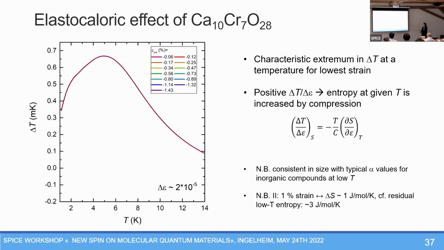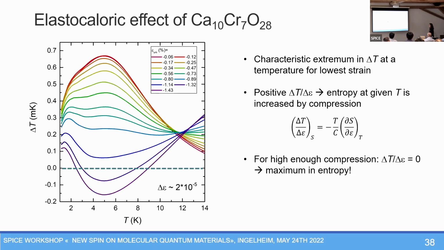Now, what is interesting is what happens if we start to tune via strain and look at nonlinear effects. And this is the data, so lots of things happening. Most remarkable for me is the fact that this broad maximum here starts to disappear and actually changes sign. And the sign change is a very remarkable point, because as Jörg pointed out this morning, a sign change implies that there is a maximum in entropy at this temperature.